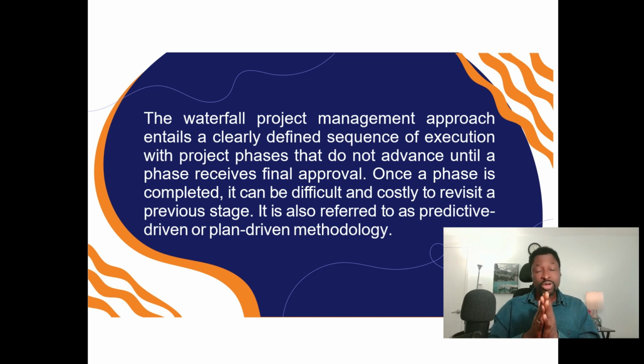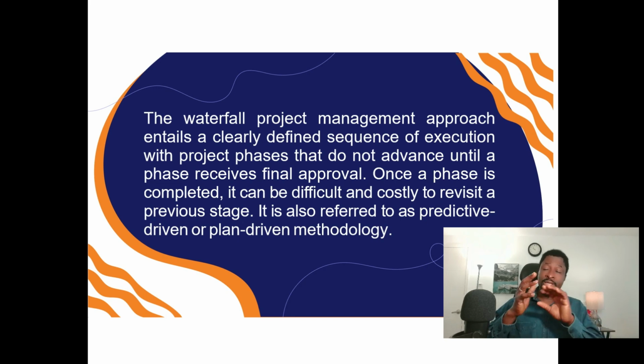If you look at it, at each of the phases, we have to get approval. When we finish the initiation phase, we get an approval of the project charter, and then we move to the planning phase. During the planning phase, we also come up with what is called the project management document. We produce a project management plan document. We also have some sub documents, but I will not go into that now.